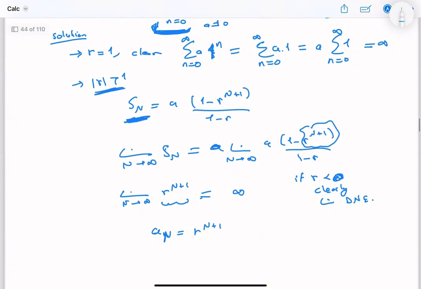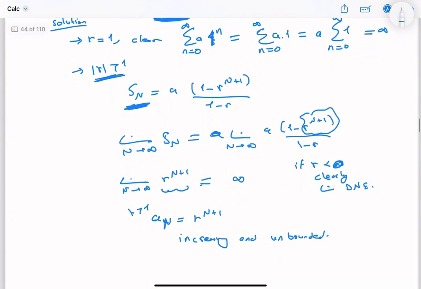This is increasing. We're assuming here r is bigger than 1. So this is increasing and unbounded. And an increasing sequence that is unbounded is divergent by the monotone theorem.